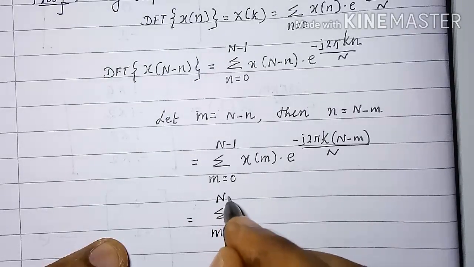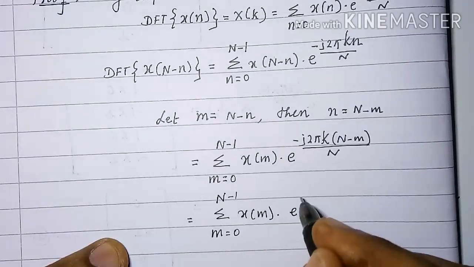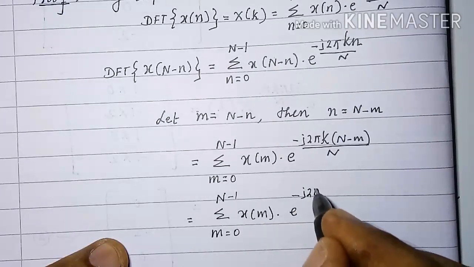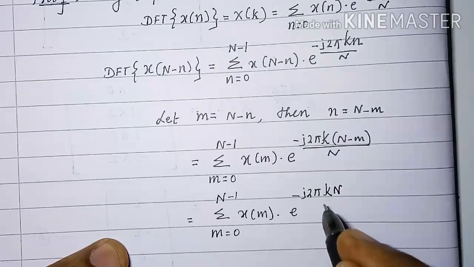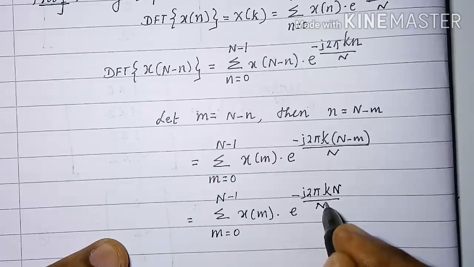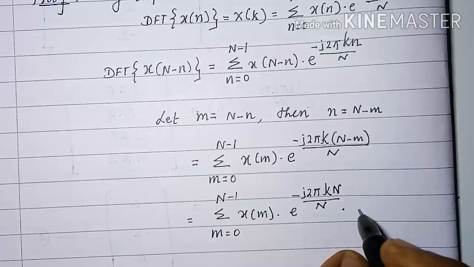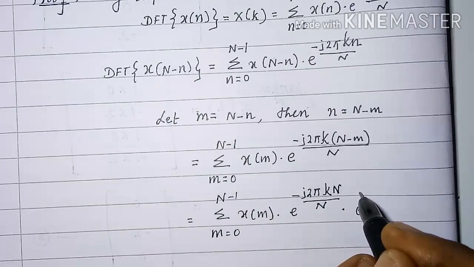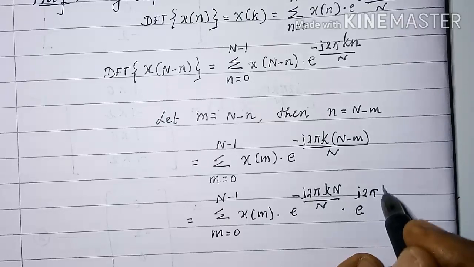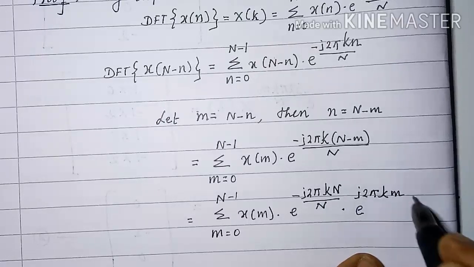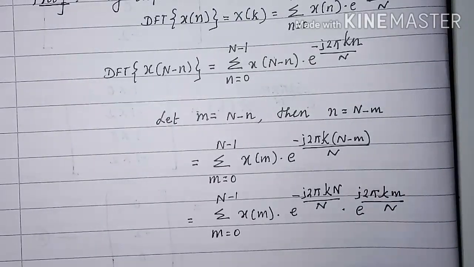Summation m equal to 0 to N minus 1, x of m into e raised to minus j 2 pi kN upon N, into e raised to j 2 pi km upon N.